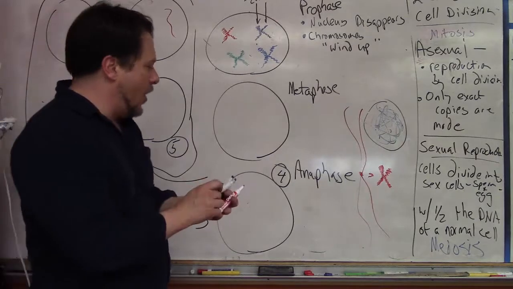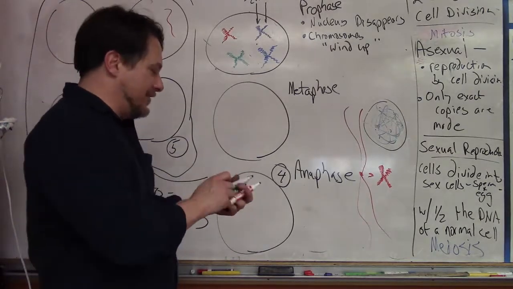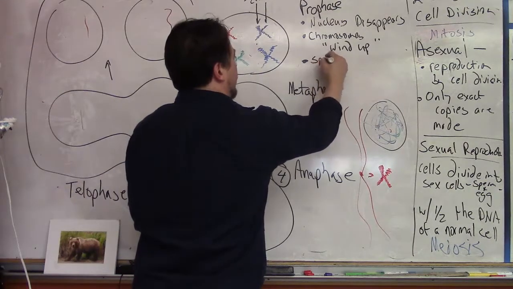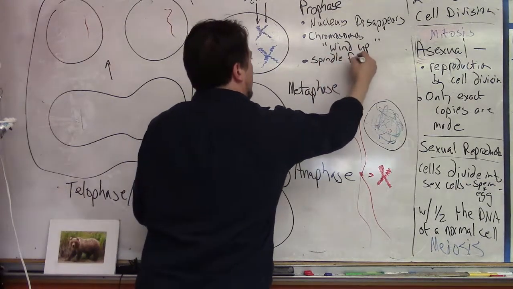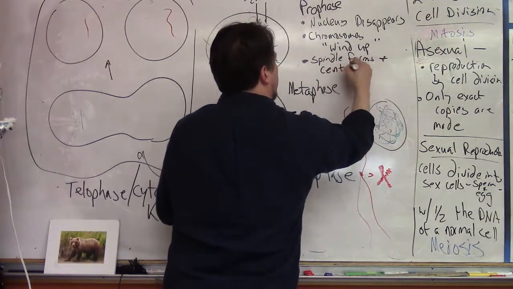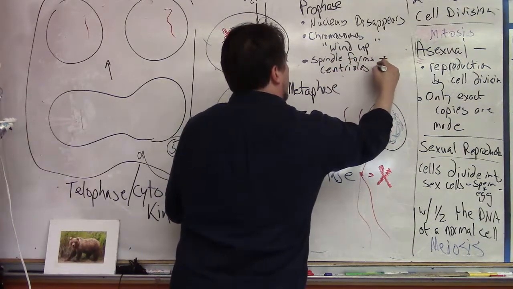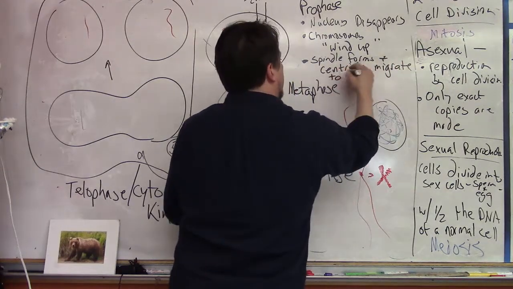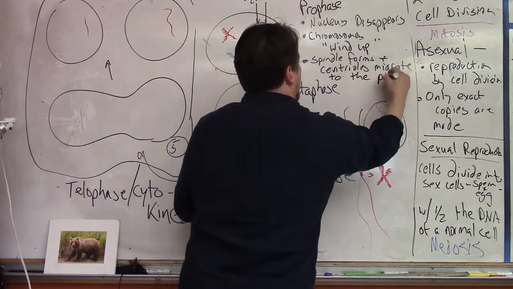All right, so the third thing that happens, and there's only 3, is that the spindle forms, and the centrioles migrate to the poles.